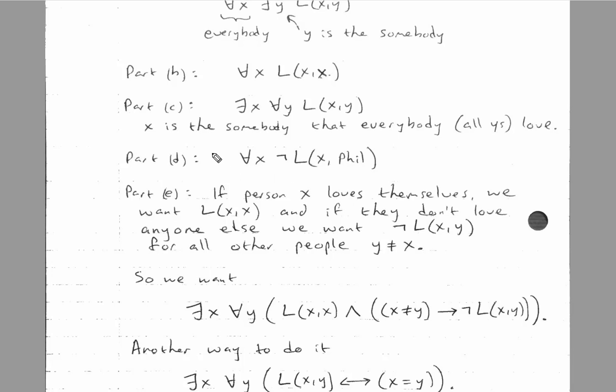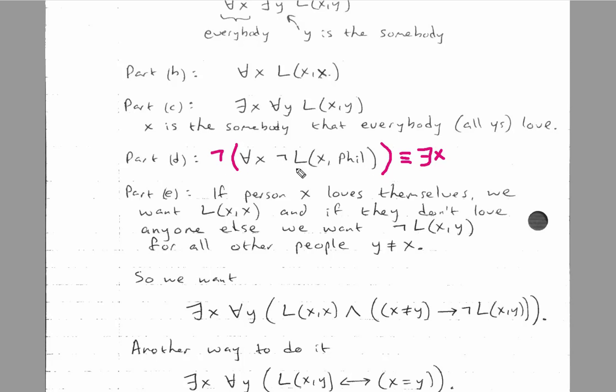So if we want to negate this, so it's not the case that nobody loves Phil. Well, this for all turns into there exists. This not jumps over, so we get the negation of not Lx.